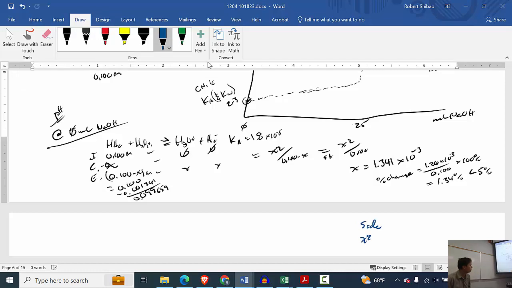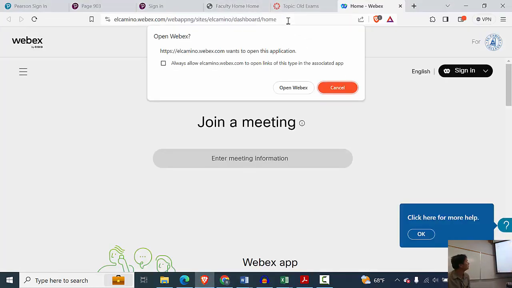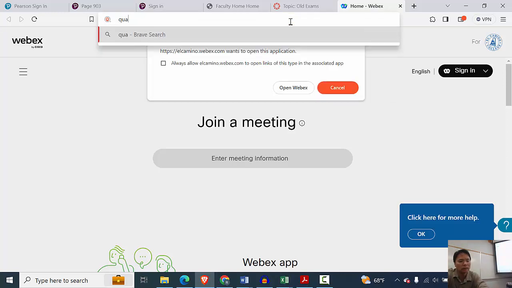If we decided to use a quadratic, it would be x squared plus 1.8 times 10 to the minus 5 x minus 1.8 times 10 to the minus 6 equal to 0. It's quick if you have a quadratic solver, which we do.